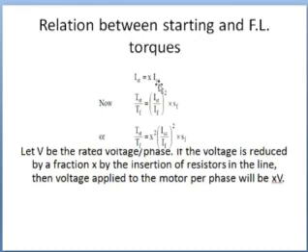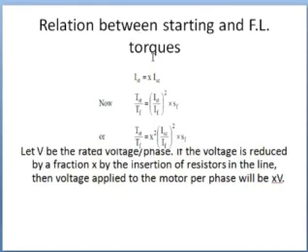Now we have already studied that the torque in this condition depends on the square of the current. So the ratio of starting torque to full load torque: at starting the slip is equal to 1, so I square by s, and full load torque is I at full load square by s. At starting condition the s value is 1, so the full load torque and starting torque relationship is this.